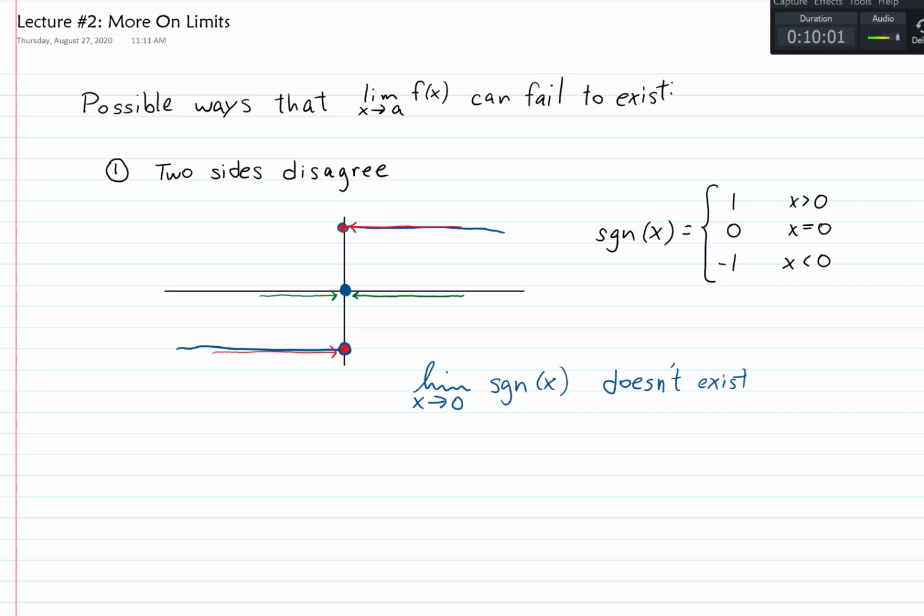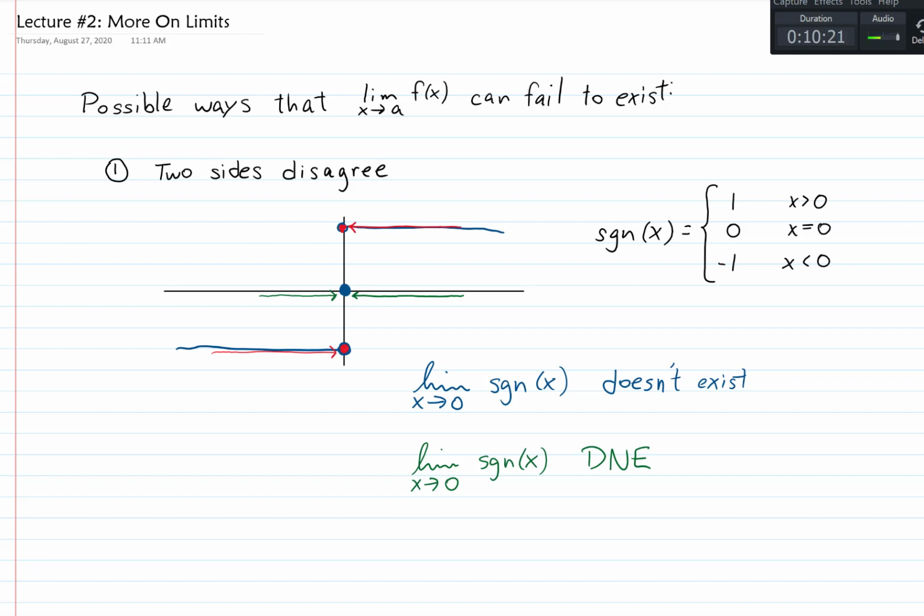I'll just show you something. I'm not going to mark anybody wrong if you do this, but it's just a little pet peeve of mine. We can write the limit of this function as x approaches 0 and then write DNE. I'm perfectly fine with that.